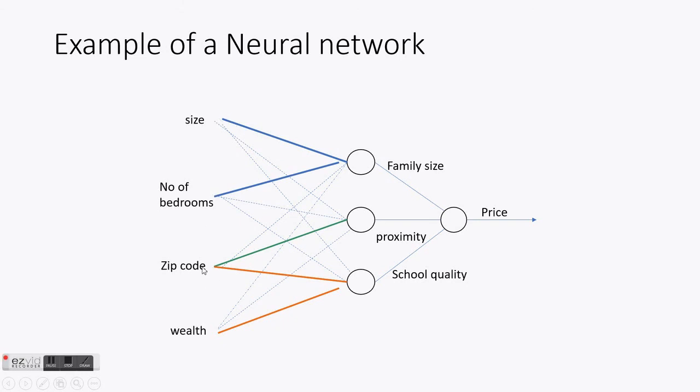The zip code, where the house is located, gives us a good idea of the proximity of the house to schools, colleges, hospitals, railway stations, and buses. Similarly, the zip code and the wealth of the person will tell you something about the school quality. These new variables, the family size, the proximity, and the school quality, all have a bearing on the price of the house.